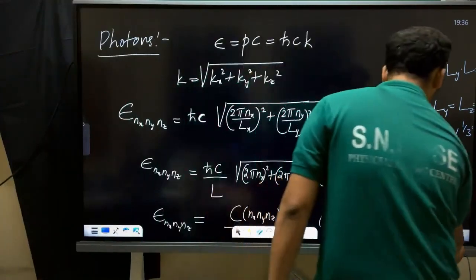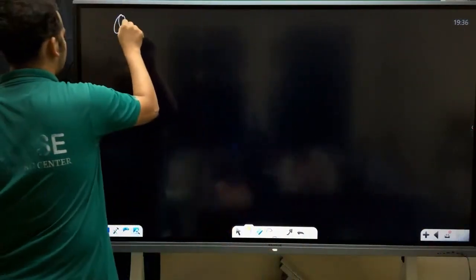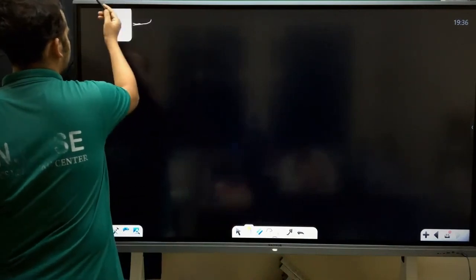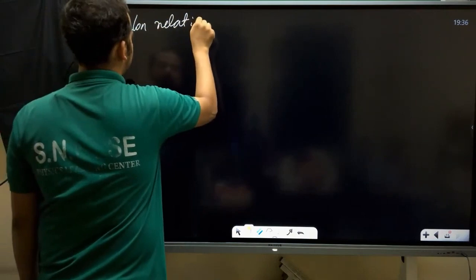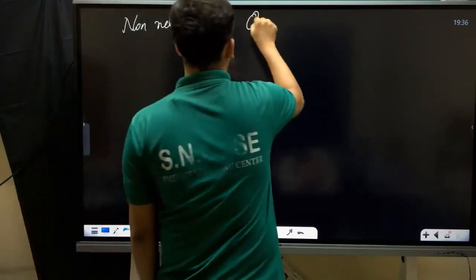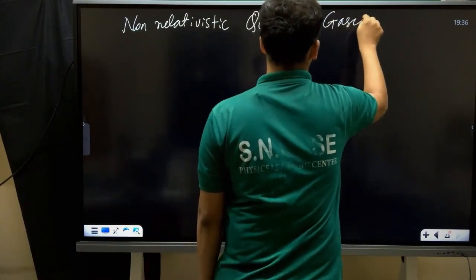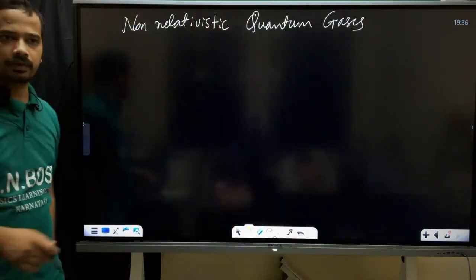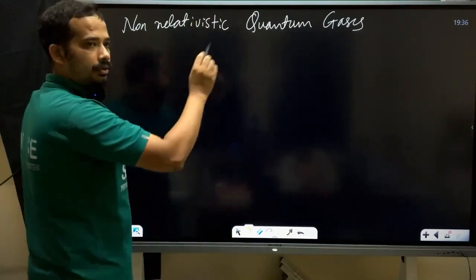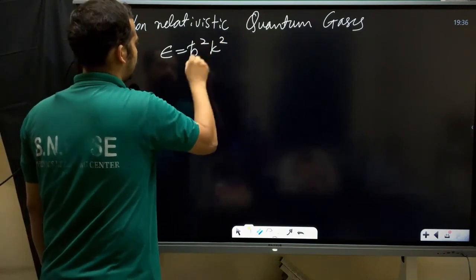Because now what I do is I'll take non-relativistic quantum gases, three-dimension only. We define pressure for three-dimension only, don't worry about dimension. E is equal to h bar square k square by 2m.